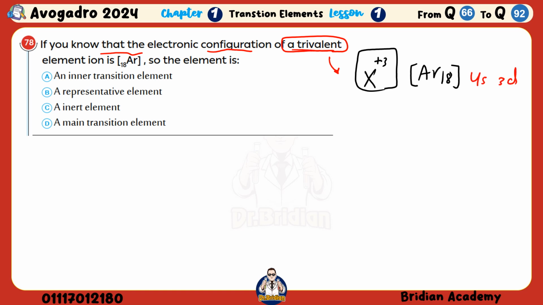And this electronic configuration, argon 18 4s 3d, belongs to main transition elements, especially the first transition series. So the correct choice will be main transition element, letter D.